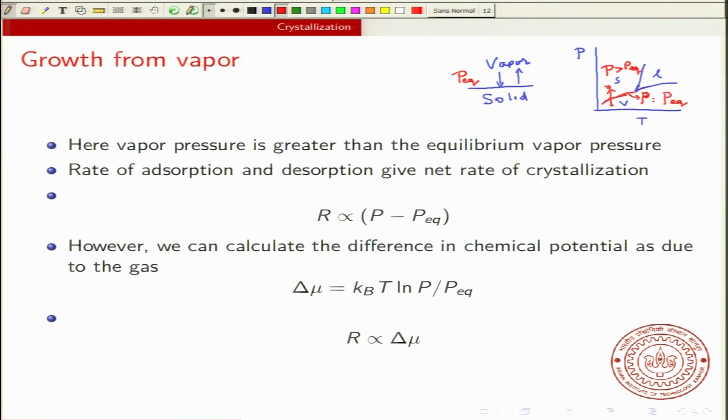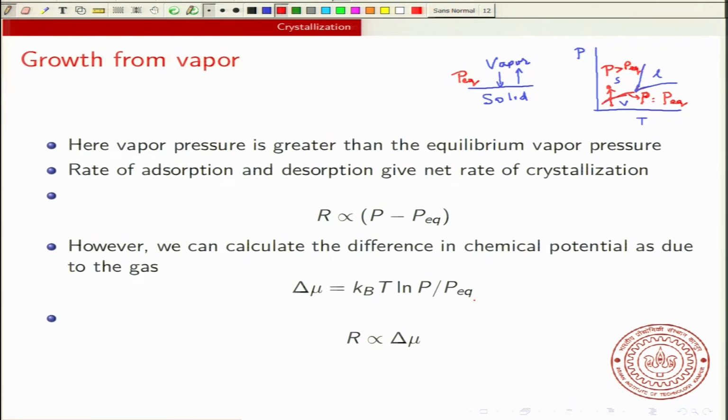If you just use the ideal gas law, then the difference in chemical potential between a gas at pressure P and a gas at pressure P equilibrium is given by this quantity.